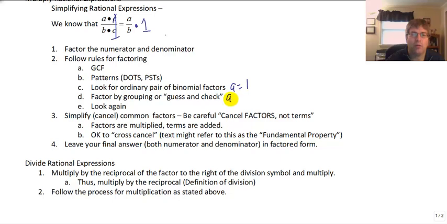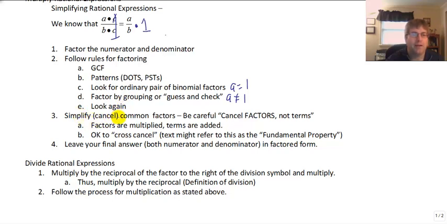If a is not equal to 1, well, then we might factor by grouping, or we would do that guess and check method. And of course, when you think you're done factoring, look again. Look for the GCF, look for a difference of two squares. Those are the things that come up every once in a while. And then finally, simplify.